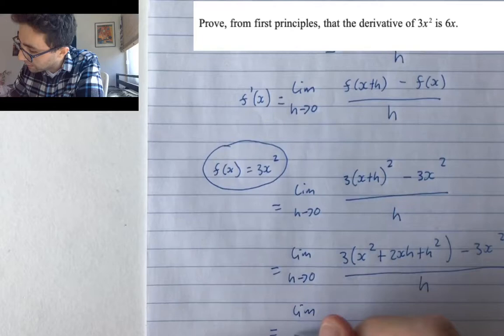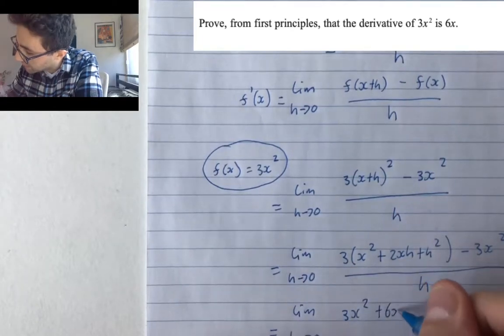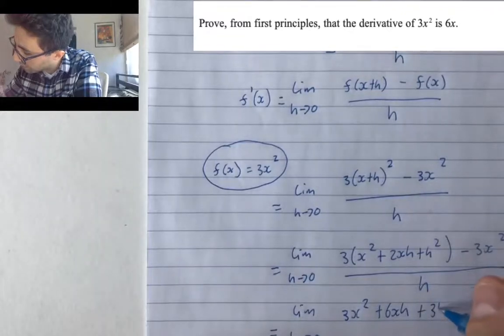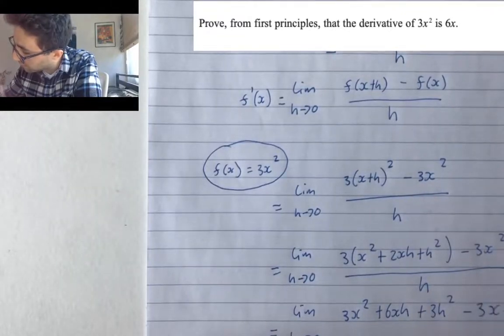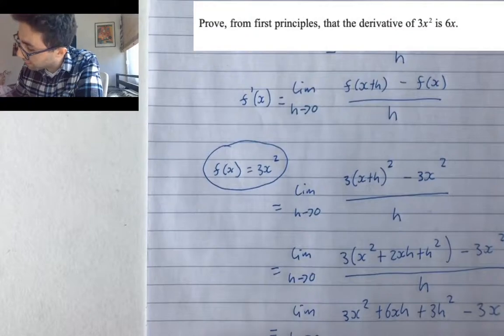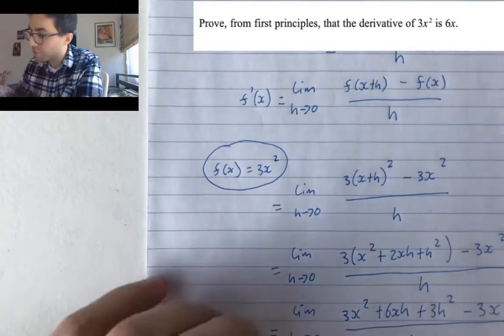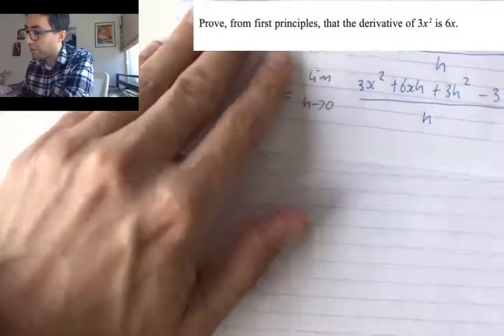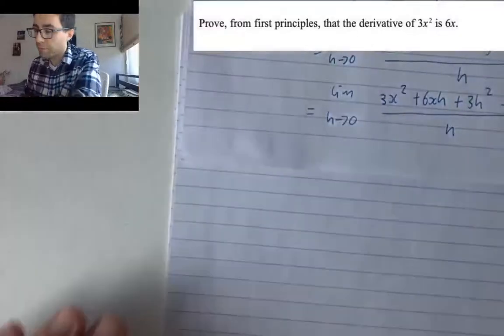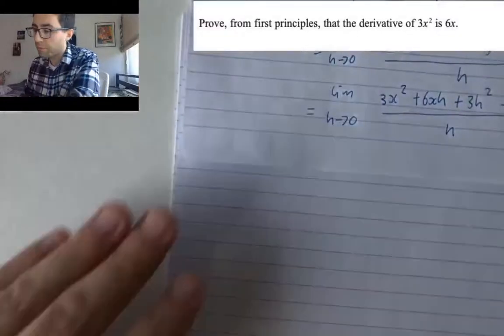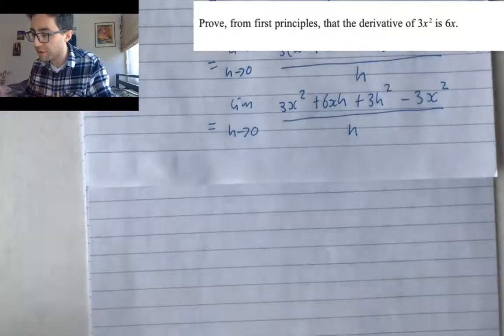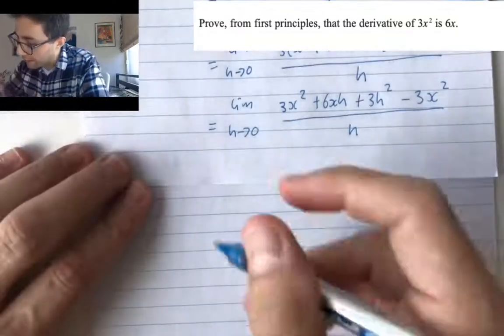Limit, h goes to 0, 3x squared plus 6xh plus 3h squared minus 3x squared, all over h. Now here, you could easily, or I could easily make algebra slips, or anything could happen. This is where all your hard practice of doing GCSE algebra or other algebra or whatever you've been doing really starts to pay off. Have you got it right?